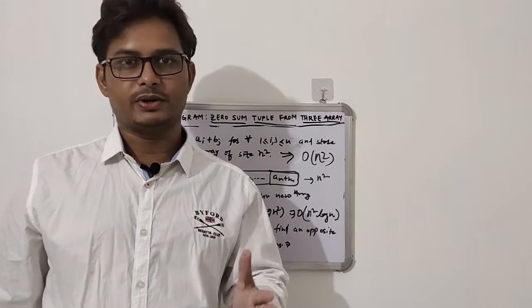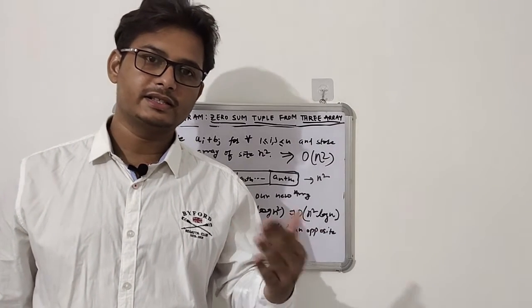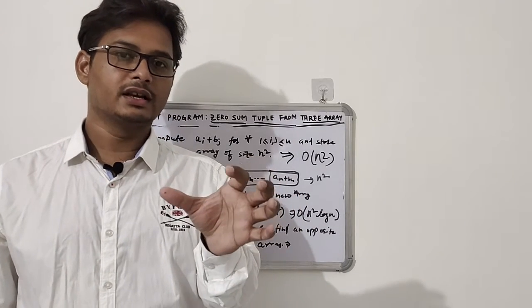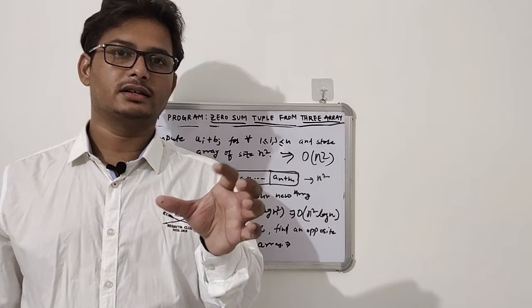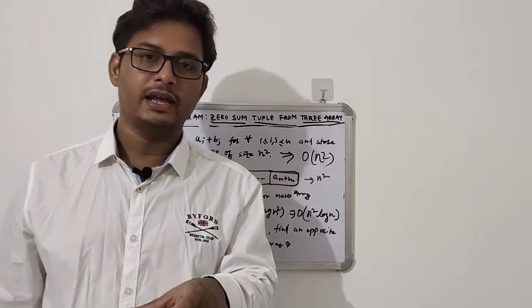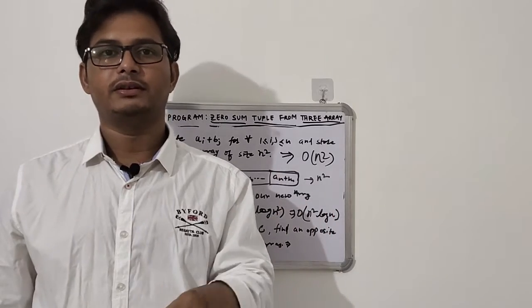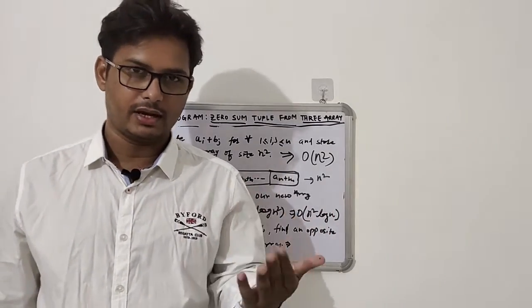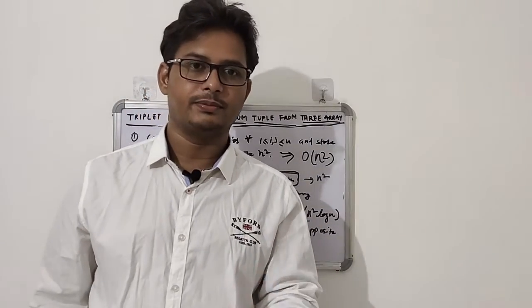If -2 is present, then we can easily say that this tuple is present in our array, and we can output the triplet. We can store the indices i, j in our new array, and you can easily find the triplet.